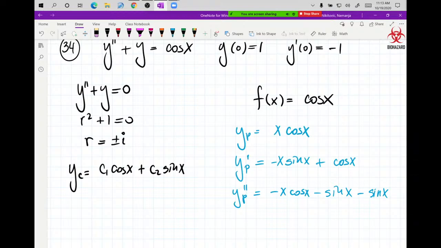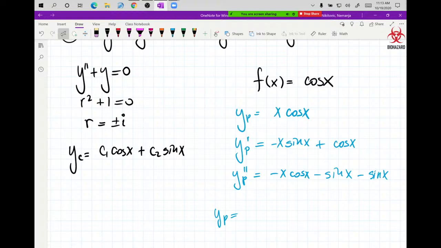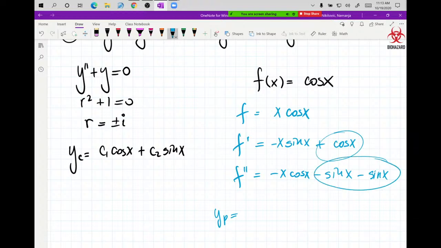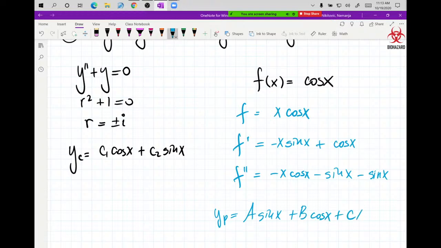Now, if you just carefully look at the form of your yp, you have cosine x, you have a negative 2 sine x, so you can say a sine x plus b cosine x plus c x cosine x plus d x sine x.